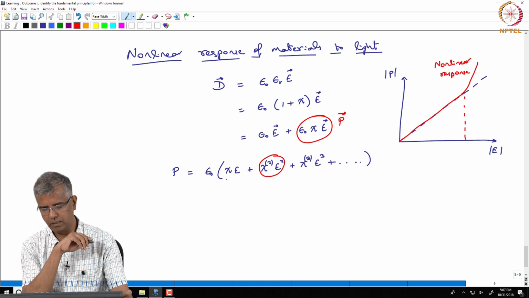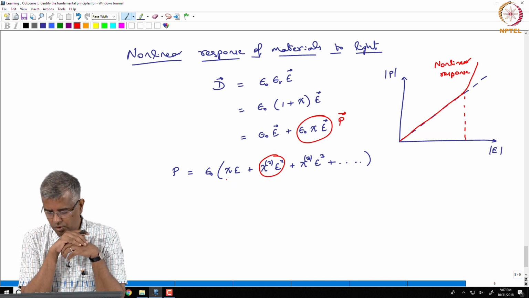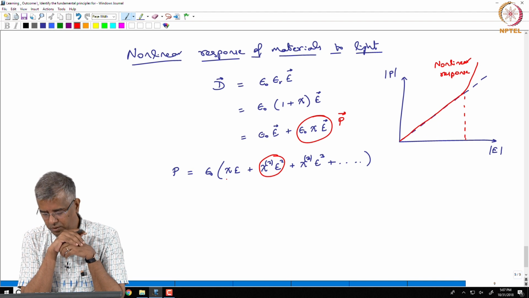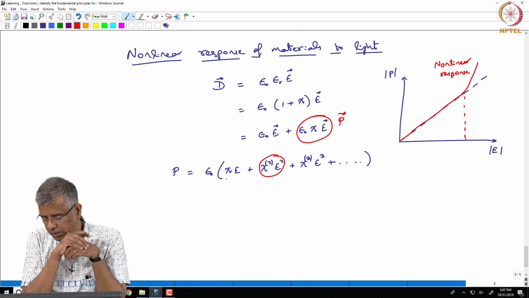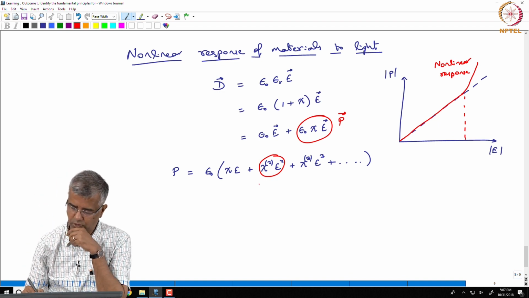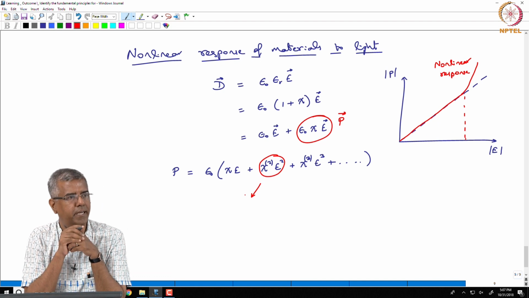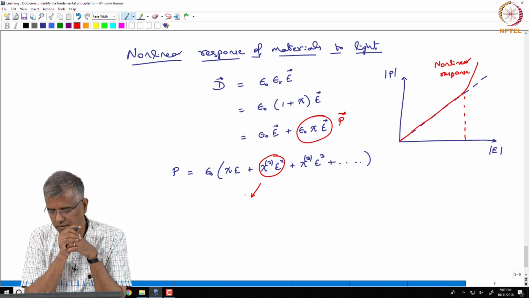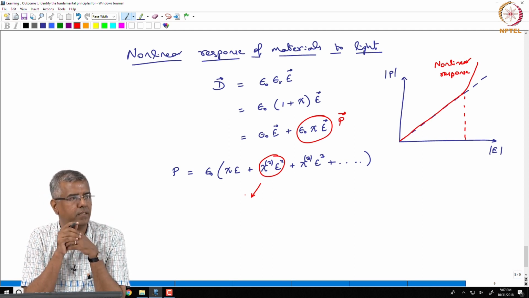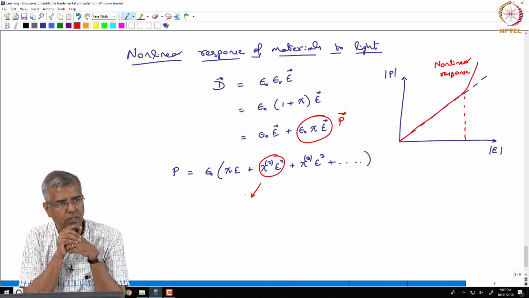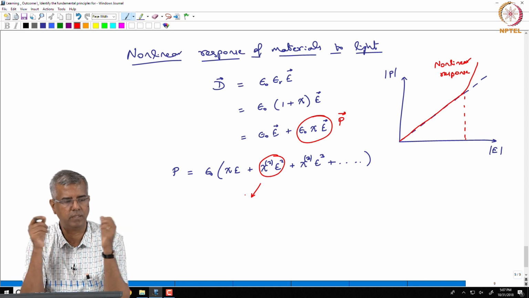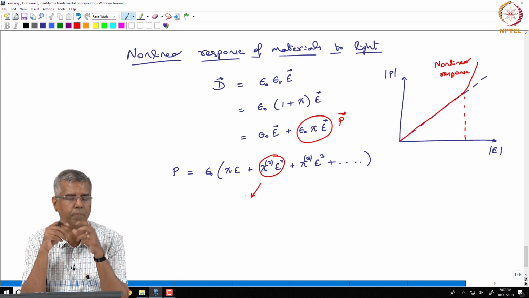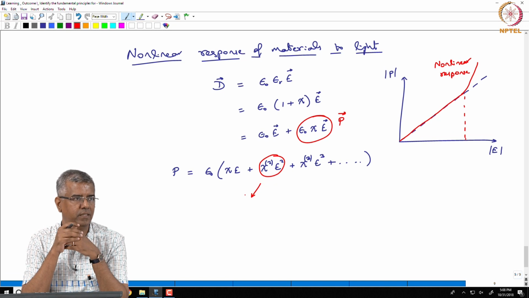It says that this response is proportional to E square, right. So, that is essentially saying you can have two different electric fields interacting with each other, okay, to provide a net response. So, going back to the mass spring model, we said the displacement is because of an applied electric field, right.